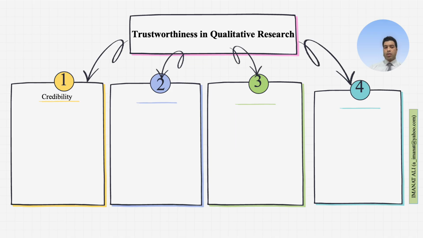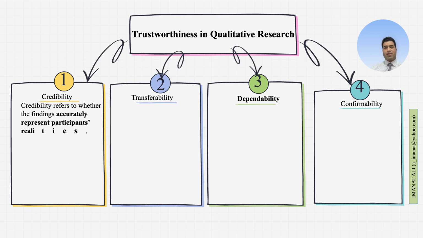But in qualitative research, trustworthiness means how trustworthy the data is. To validate the data, four core concepts are assessed: credibility, transferability, dependability, and confirmability.